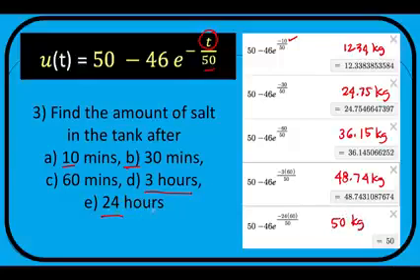And anything beyond 24 hours, you will notice that you will get this limiting value. Now, at what point does the amount of salt reach 50 kilograms? You can compute that by letting this u of t equal 50 and solve for t. But I will leave that as your exercise to solve for t.